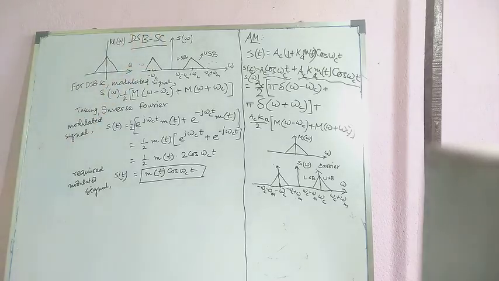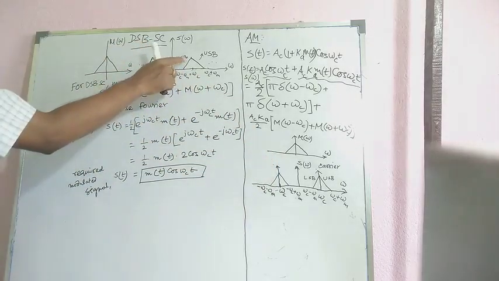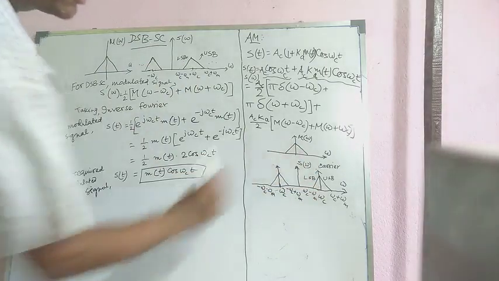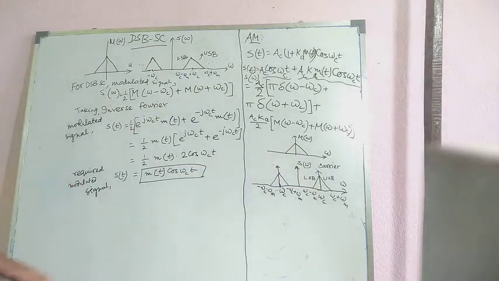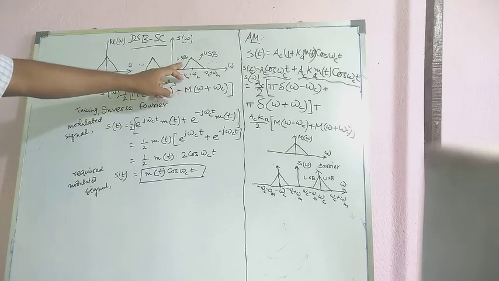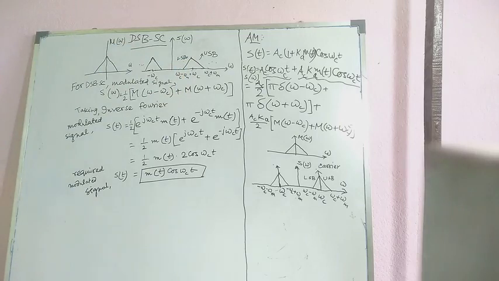It stands for double sideband suppressed carrier. That means we will suppress the carrier part. There is no carrier. We will suppress the carrier part and we will send only the sidebands, upper sideband and lower sideband. Okay, and you can consider the negative part of frequency also.